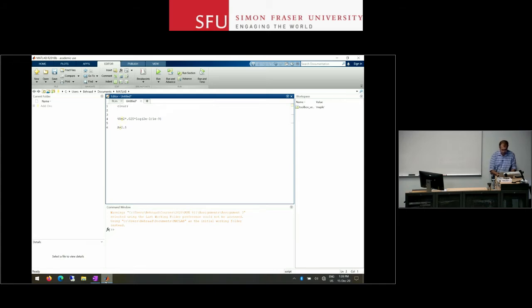So here is the process. I assume a value for ID, so I assume 2 milliamps, right? Then I do the calculation for VD based on that ID. And then I calculate A, the right side of the KVL, based on the values of ID and VD that I have found. And I run all of these.